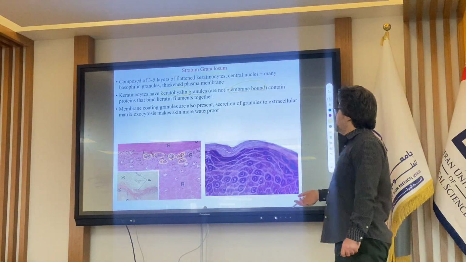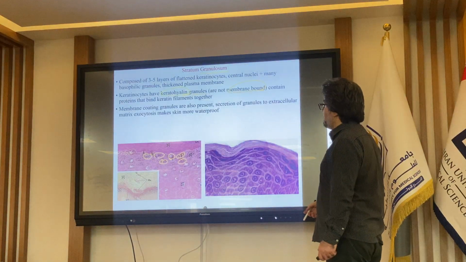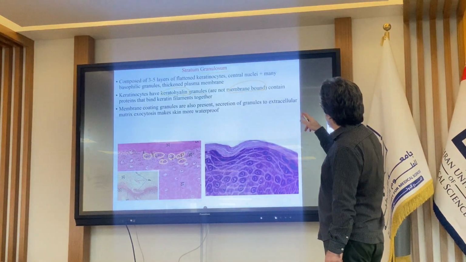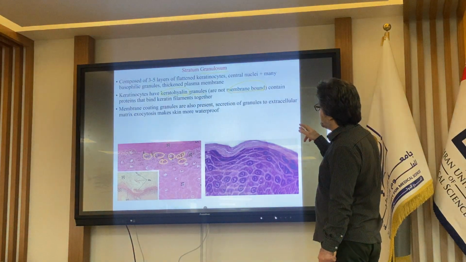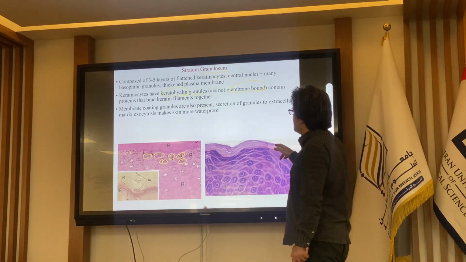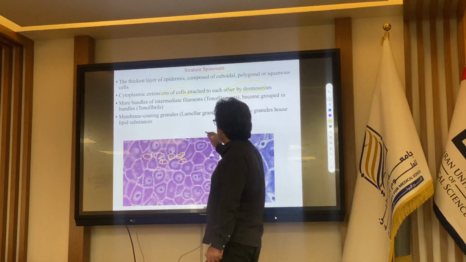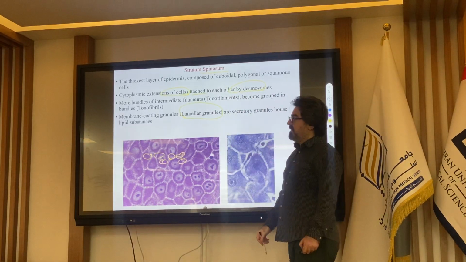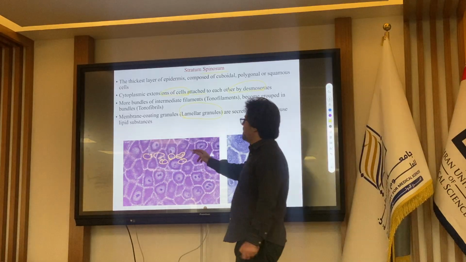And there is also another granule in these cells known as lamellar granules. Is there lamellar granules here? It's written. Look here, lamellar granules. The lamellar granules are membrane-coated granules.